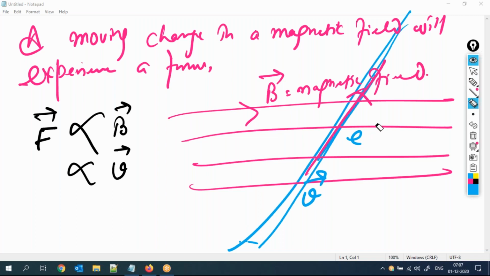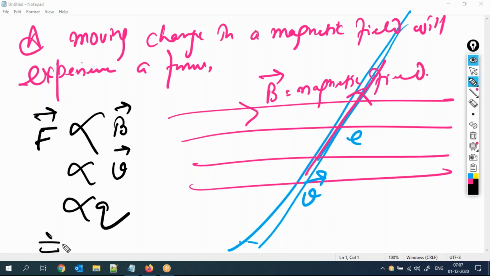Are we clear? Yes, sir. And this is also proportional to the charge it has, right? Yes, sir.